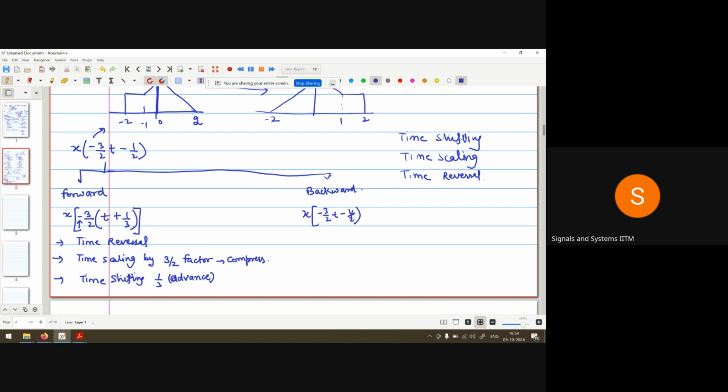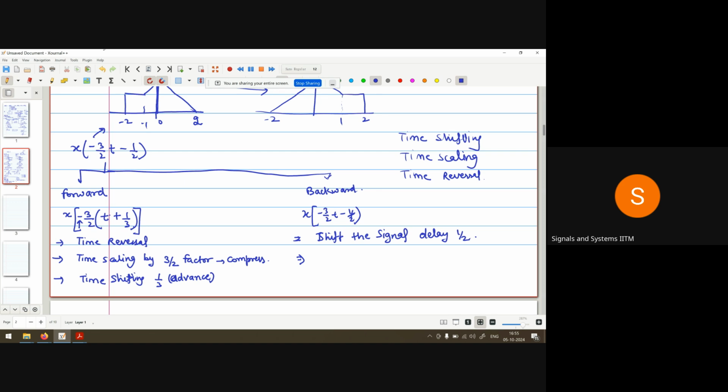Now the backward approach is that first we have to shift the signal, that is a delay by 1/2.